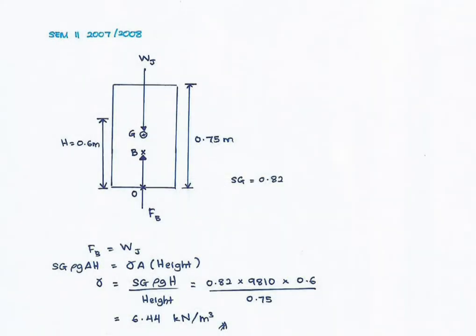Then we could simplify the equation for the force of buoyancy as Sg times rho g, A and h, where A is the cross-sectional area of the cylinder. The weight is rho g, A and H, where gamma is the specific weight.